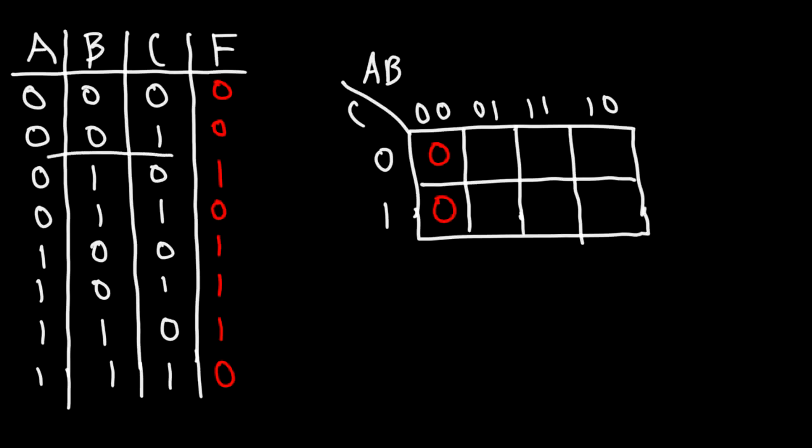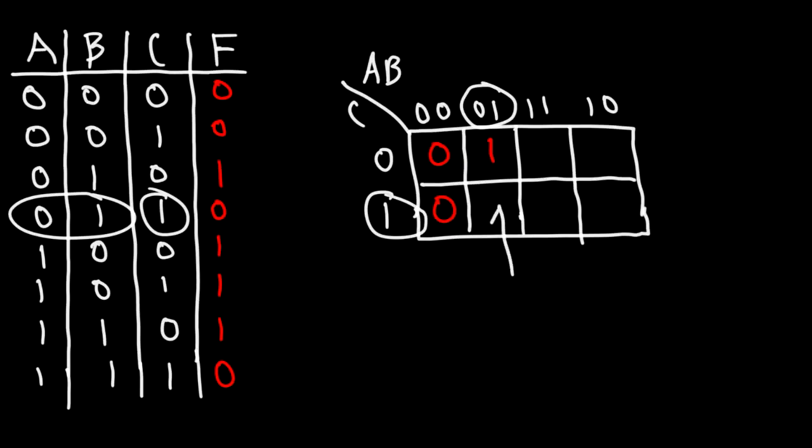Now for the third one, we can see that AB is 0, 1, and C is 0, and the function value is 1, so we're going to put a 1 for that square. Now for the next one, AB is still 0, 1, and C is 1, giving us this square, for which the function value is 0.